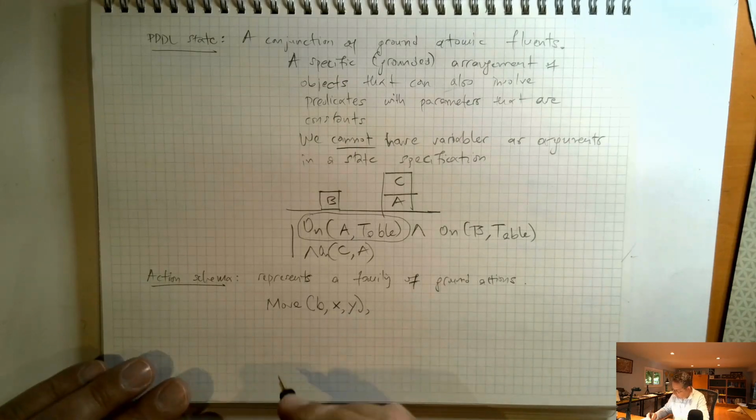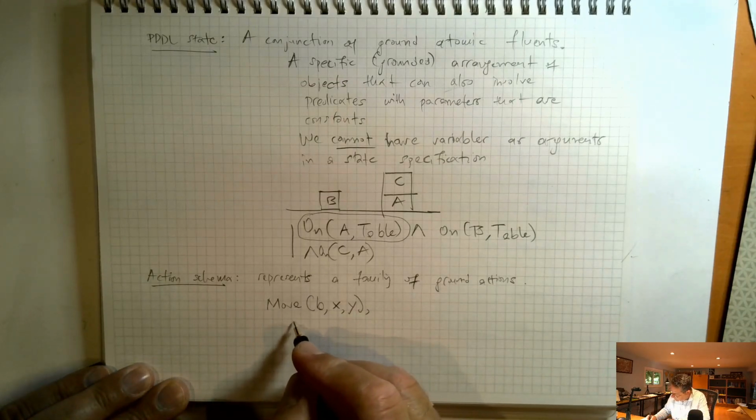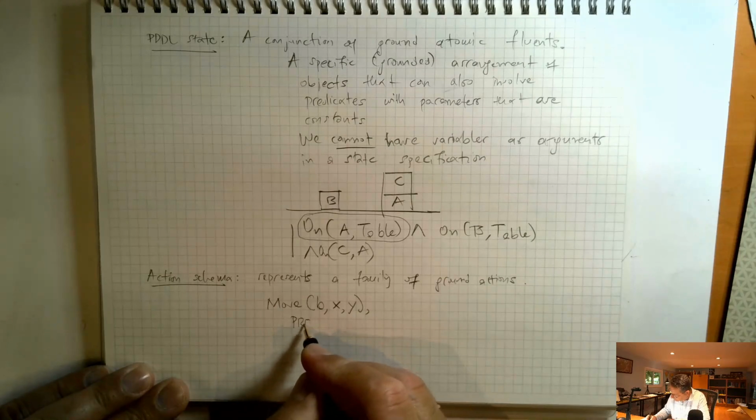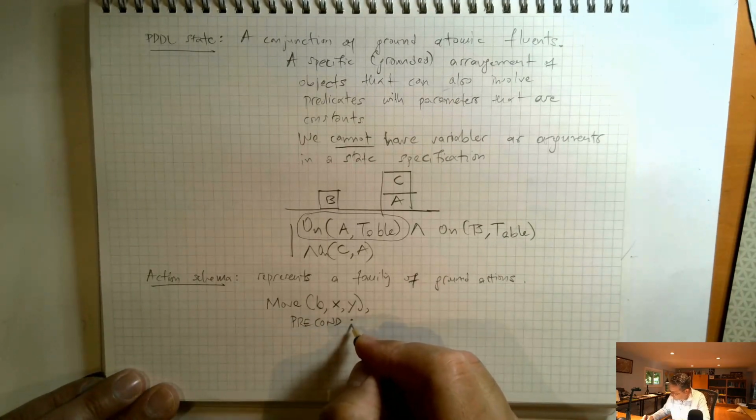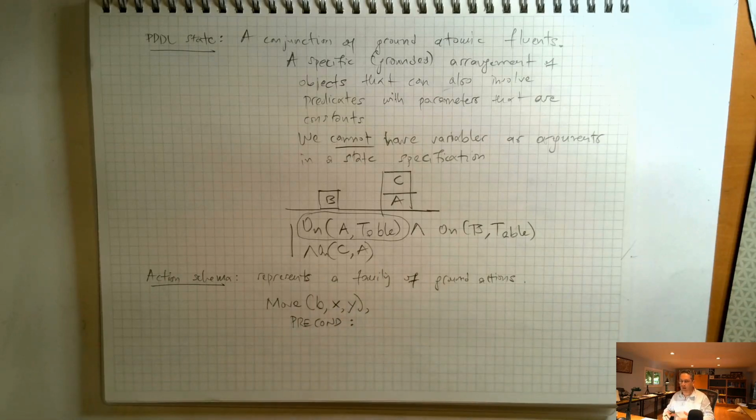The one thing that it needs to involve is the so-called precondition. Let me write it like this: a precondition. These are obviously not very formal. The actual language differs quite significantly from what I'm writing over here, but this is also the notation that your textbook recommends, just to understand what is happening.